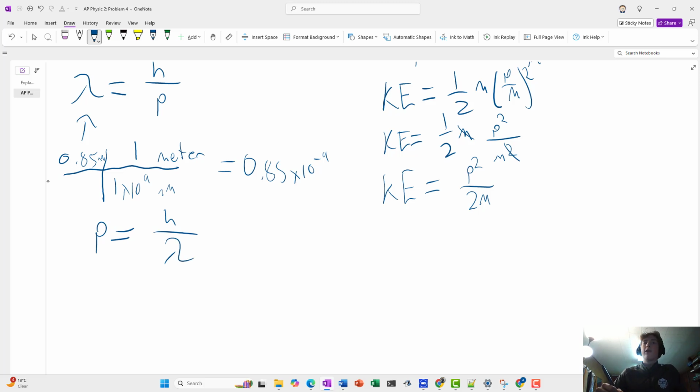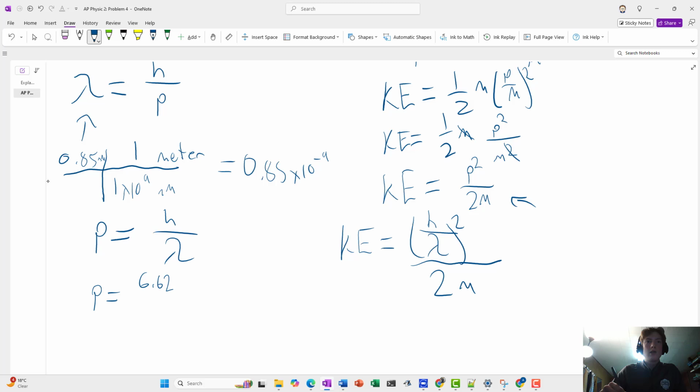Then we can just do all the calculations at once. We can plug this back into our kinetic energy equation for h over lambda squared. You can see we're using this equation right there. We're plugging it back into that, and then we're multiplying 2 times the mass. So that means we just have to get p. p is equal to 6.626 times 10 to the negative 34th over lambda, which we found is 0.85 times 10 to the negative 9th.